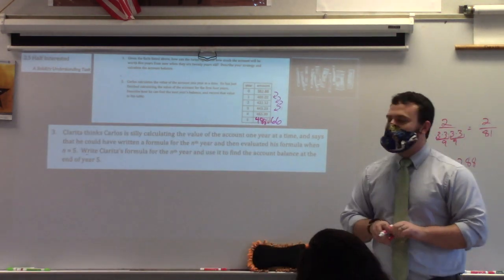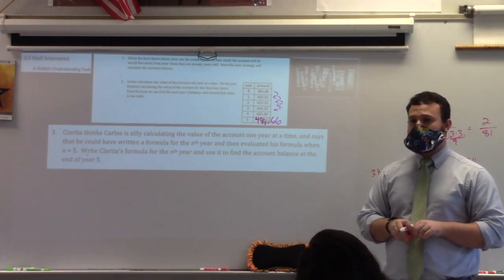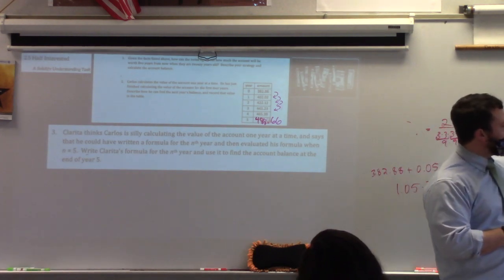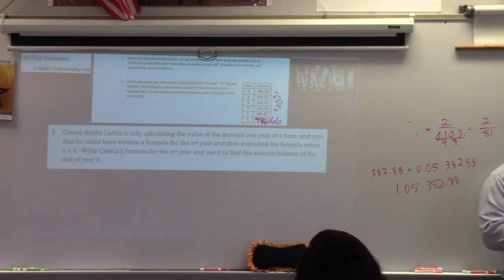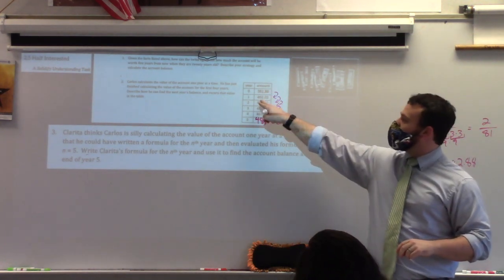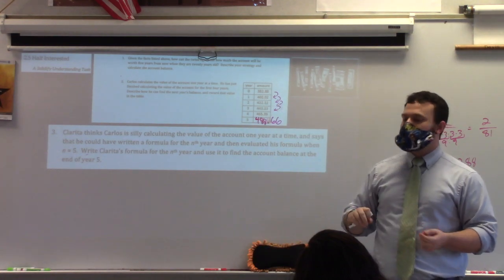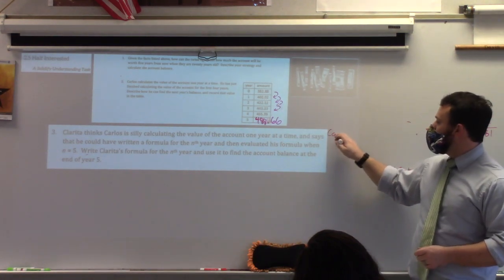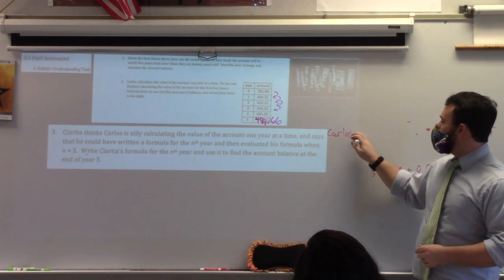Anyways, so the majority of us are thinking recursive. Remember, a recursive definition relates the current value to the previous. Is he using the previous value to get the current one? So Carlos is using a recursive idea.